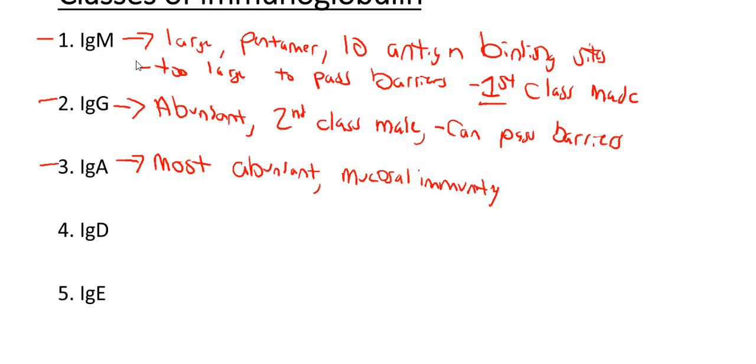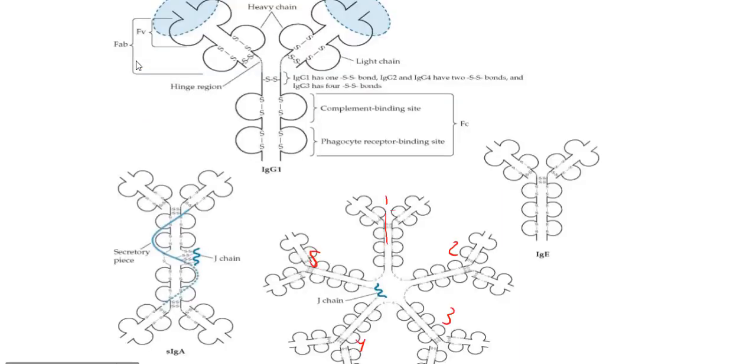So IgA is really important for preventing pathogens in the mucous membrane area. IgA is also secreted in breast milk, and it's also secreted in tears and saliva, and any bodily fluids like that. IgA forms a dimer. So if you look at this picture here, here's IgA. You can see there's two Y's, one here and then another here. There's two of them that attach.